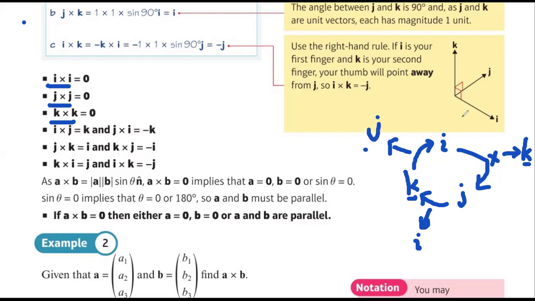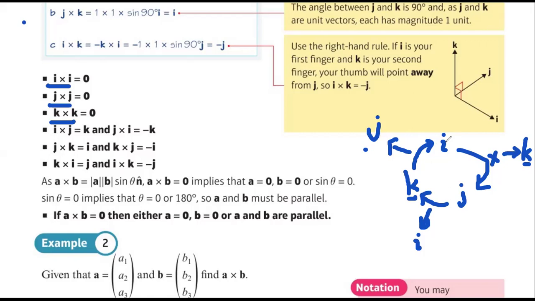Like this. If you use reverse, vector n is always minus. If you want to find j cross I, the answer is minus k. k cross j is minus I, I cross k is minus j. Like this.